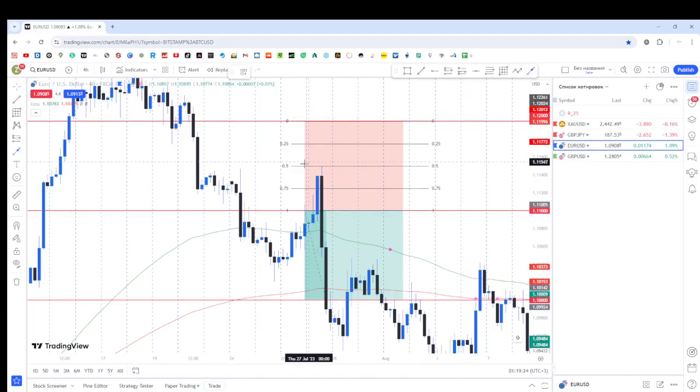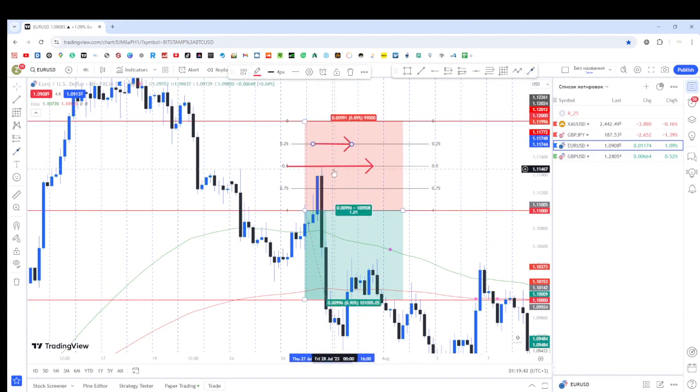If you get in right here, you could literally take 50% off the table. Here you can take 50% of whatever is left from the first position and leave everything running to the stop loss, and you will see how your losses are going to be shorter.